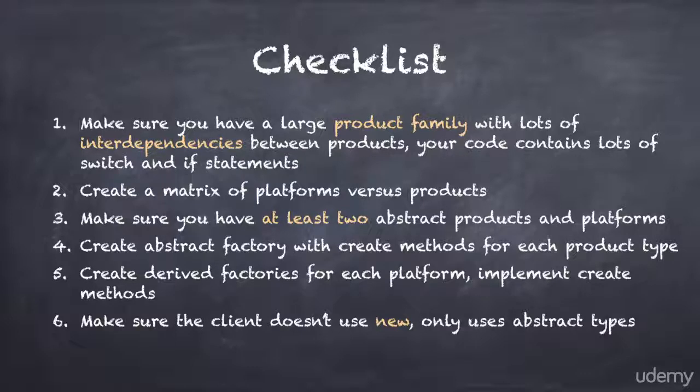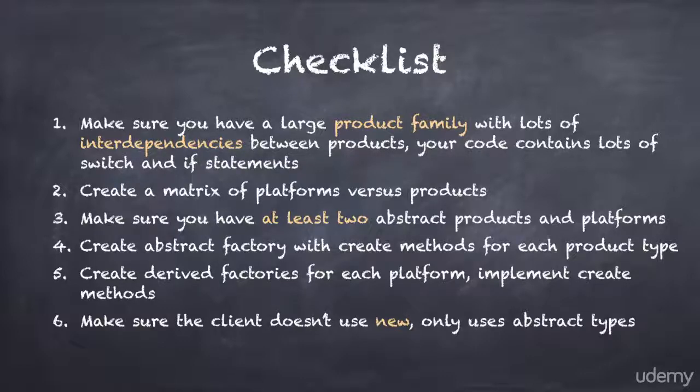Then make sure you have at least 2 abstract products and platforms. Create an abstract factory class with abstract create methods for each product type. Create a derived factory for each platform and implement the create methods. And finally, make sure the client does not use new anywhere and only uses the abstract types.